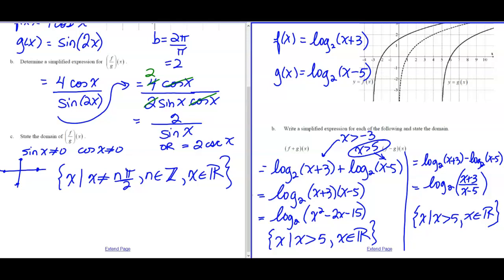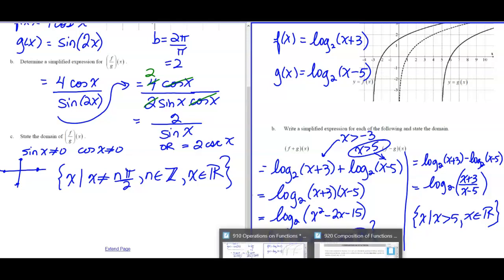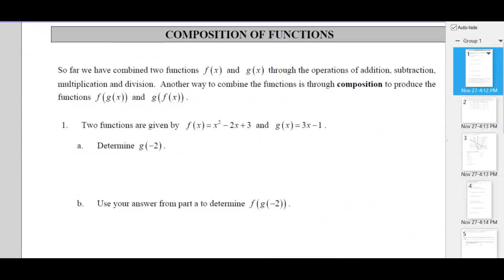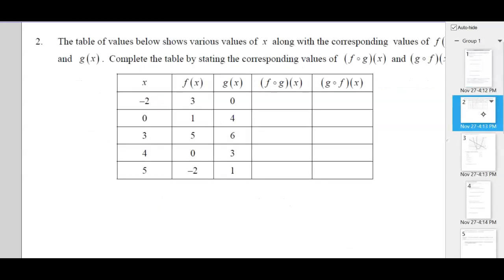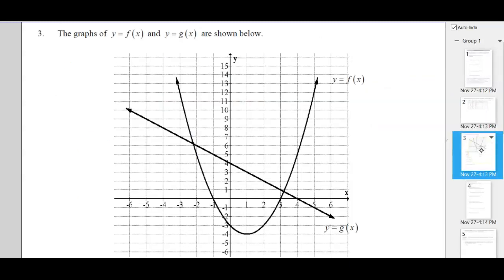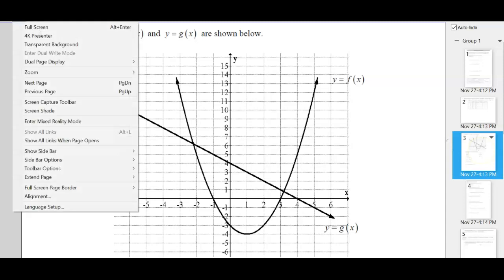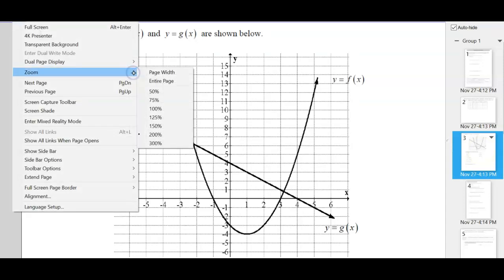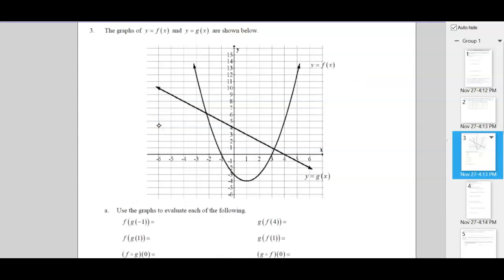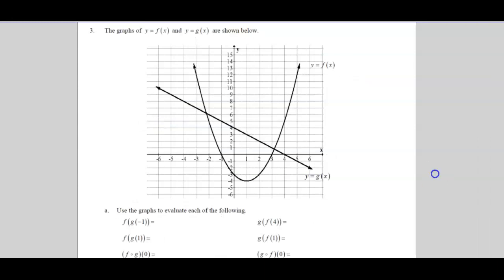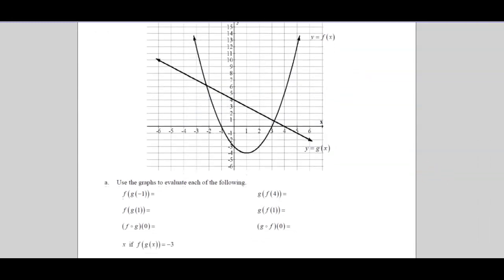One thing, some students find it difficult from a graph to find composition of functions. So we're going to go to this one here, and we're going to answer a few of these.